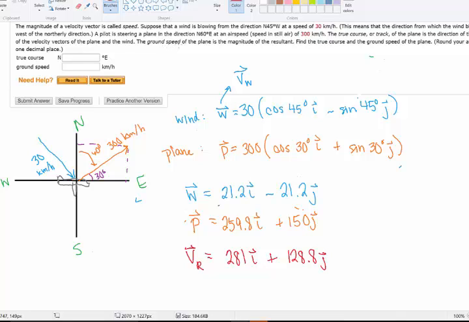The ground speed is the magnitude of the resultant, so I'm just going to use S for speed. So magnitude is just the square root of the sum of the squares of the components. So square root of 281 squared plus 128.8 squared. And I get 309.1.